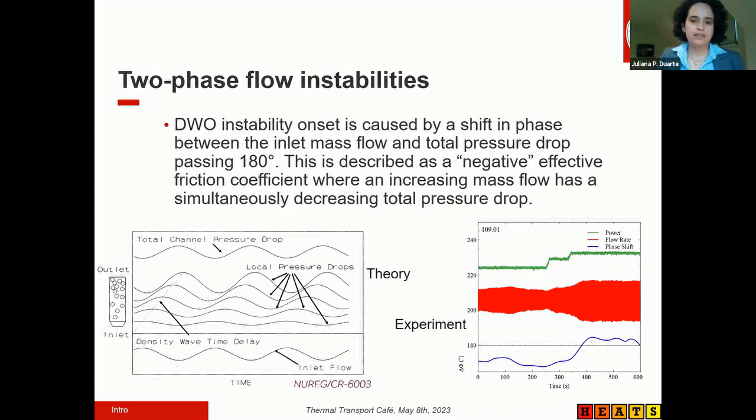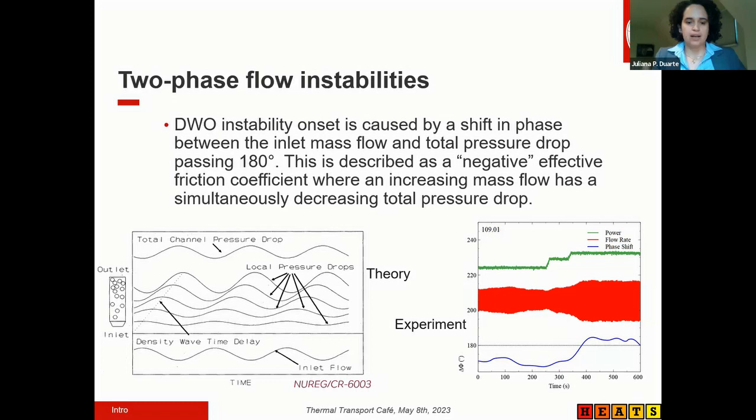The density wave oscillations, which is the kind of instability that we're interested in, occur, as I said, because of the shifting phase between the inlet mass flow in the channel, which should usually still be single phase flow, and the total pressure drop in the entire channel, not only the boiling length, the entire channel, including the single phase and the two-phase flow lengths.